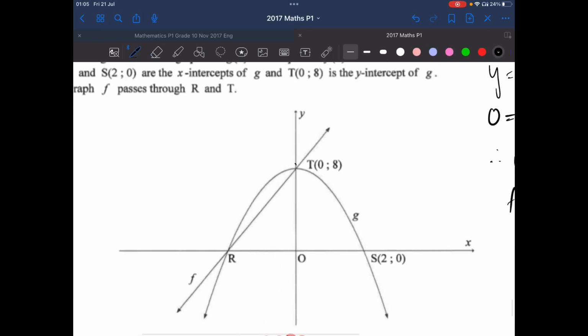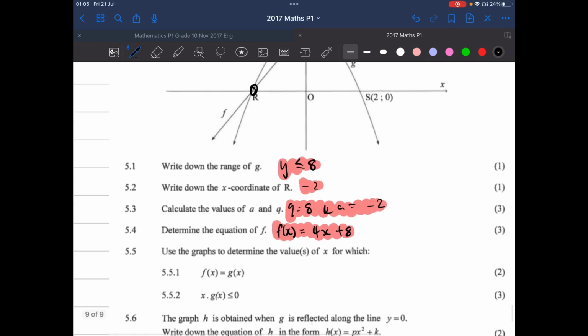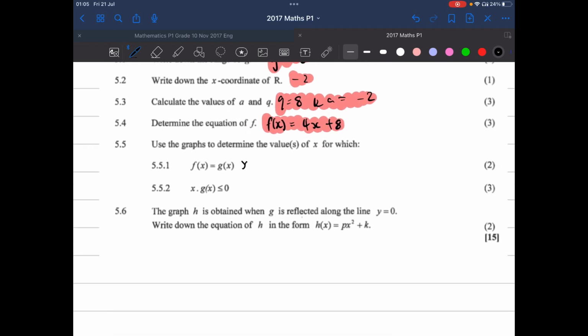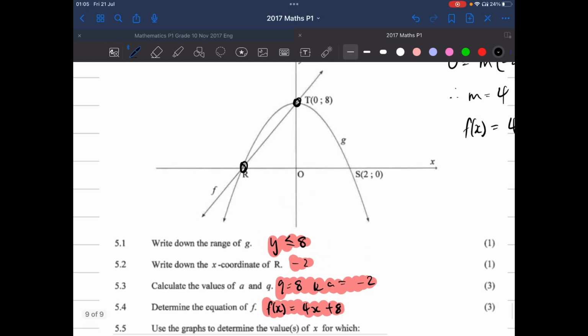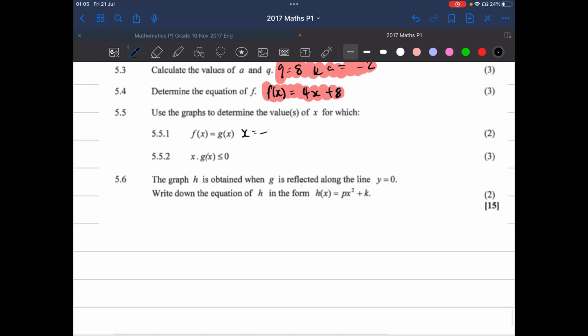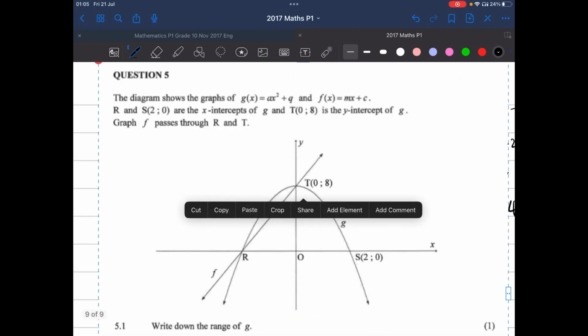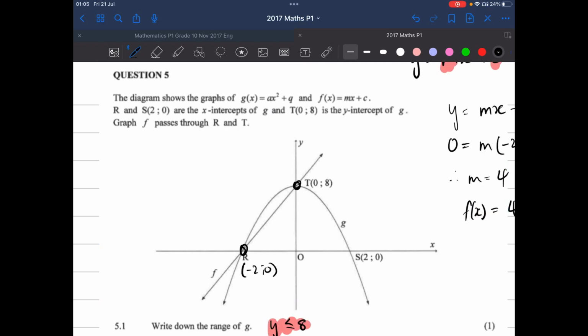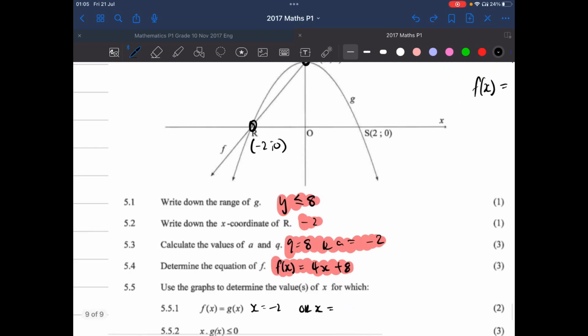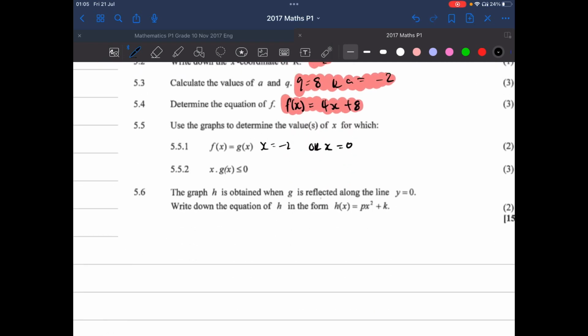And we can see that that happens at two places, at R and at T. So the x values at those places are, remember we said, minus 2 and 0. So x has to either equal minus 2 or x has to equal 0, right? So that's our two answers.